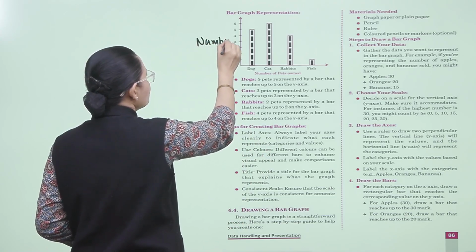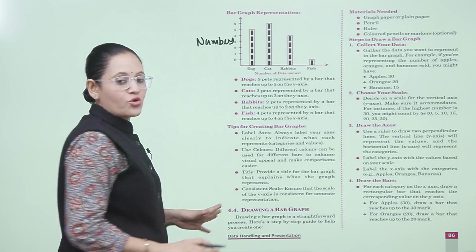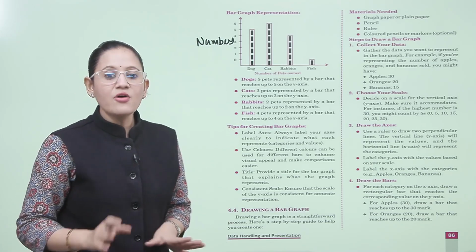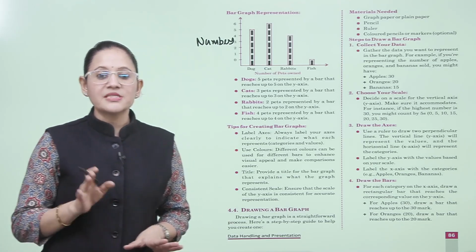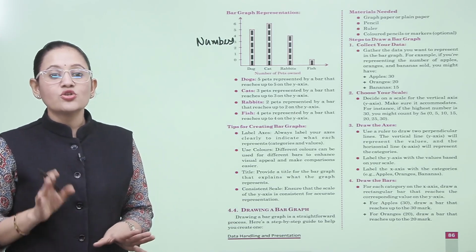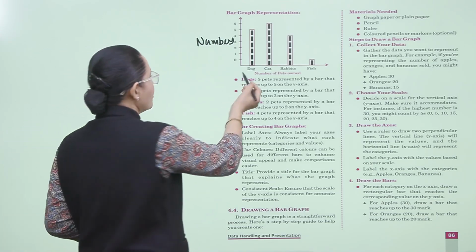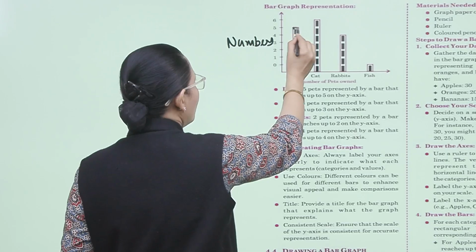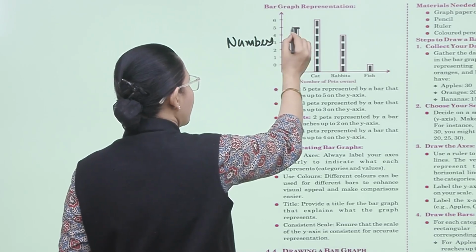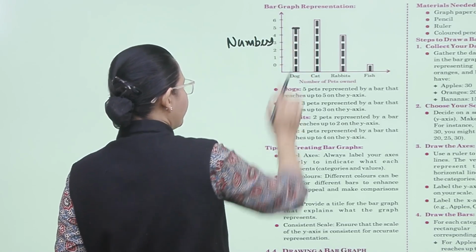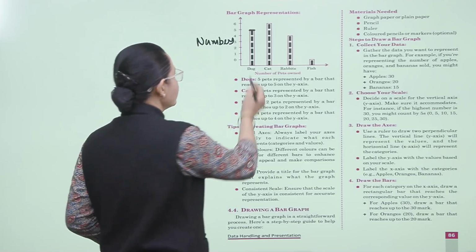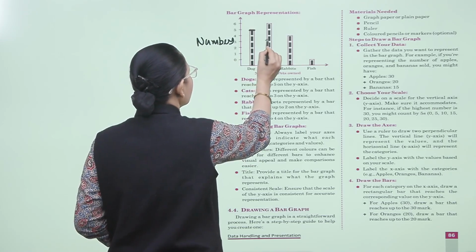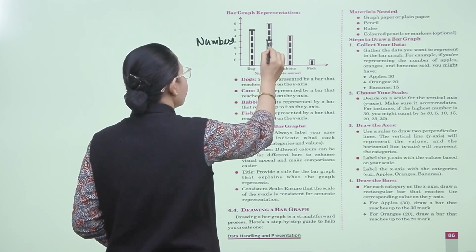So, we have to choose a suitable scale to draw the bar graph. Now, the 5 dogs are represented by a bar that reaches 5 on the y-axis. So, corresponding to the y-axis, we will draw the bar. Clear? For the cat, 3, so the bar comes to here.